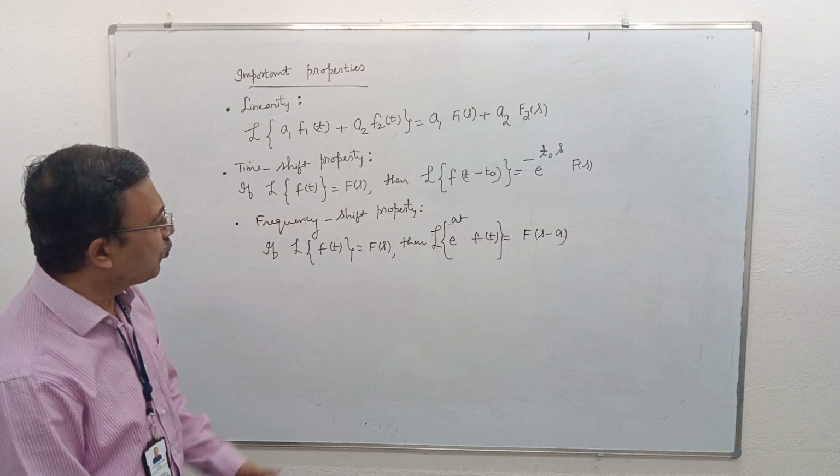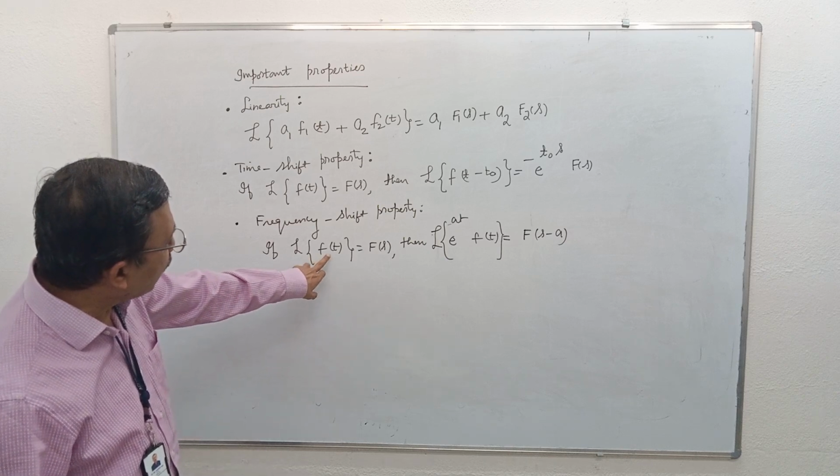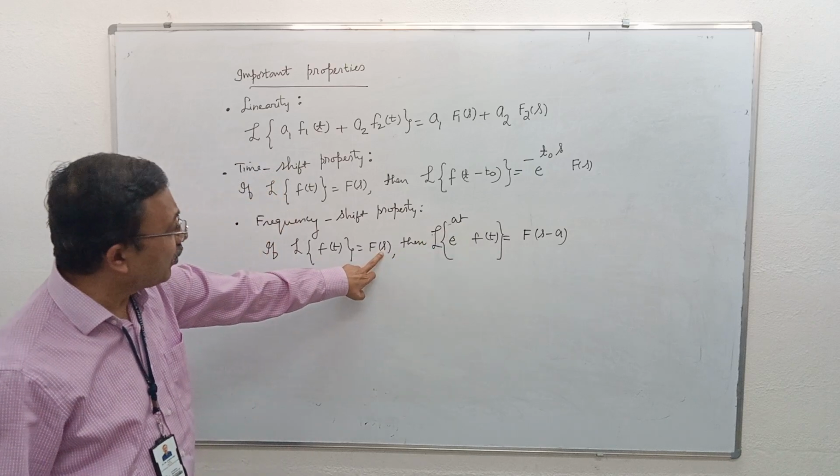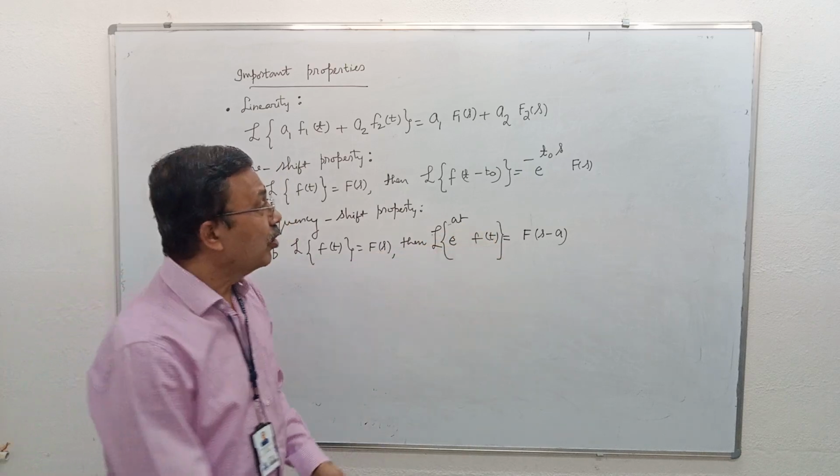What I mean by this property is, if you multiply f of t by e to the power at, s gets replaced in F of s by s minus a.